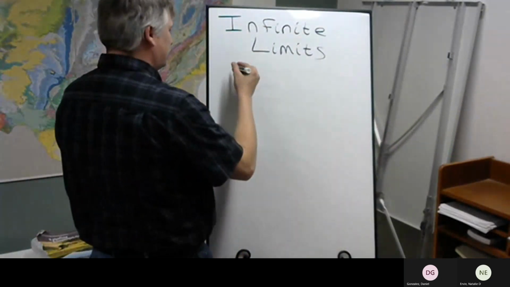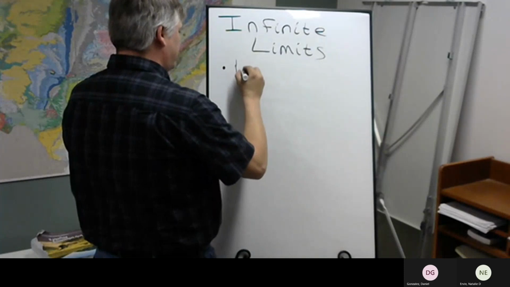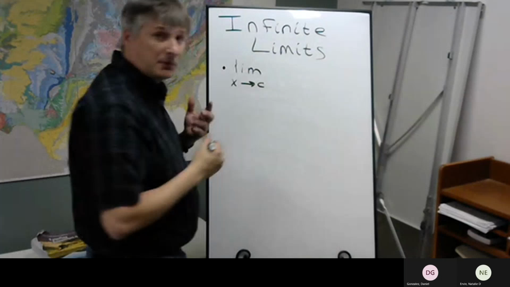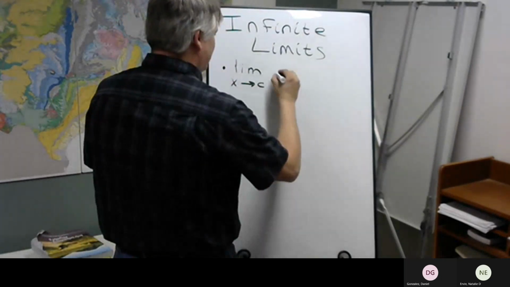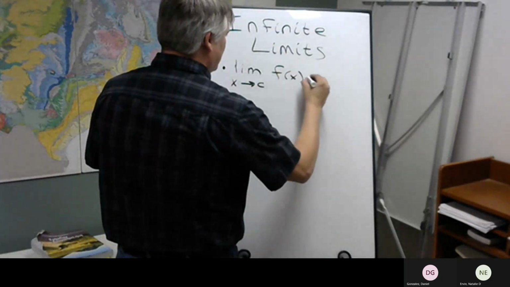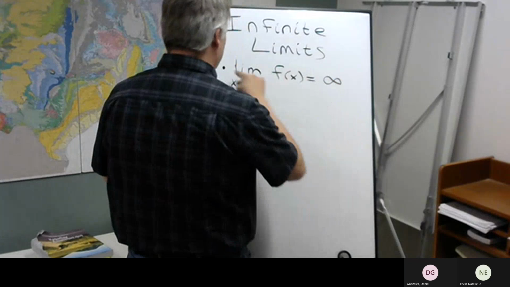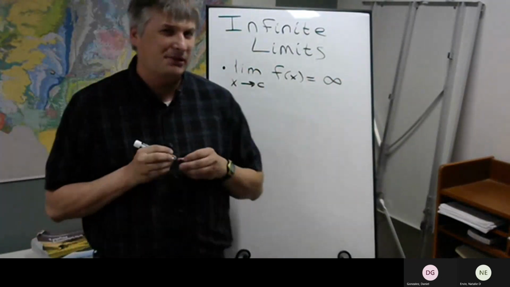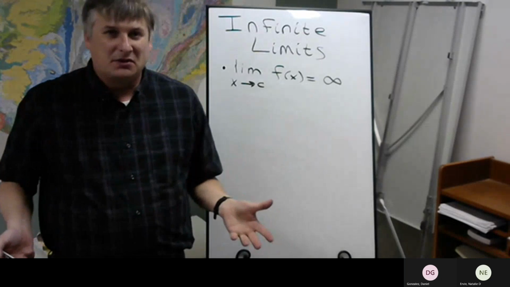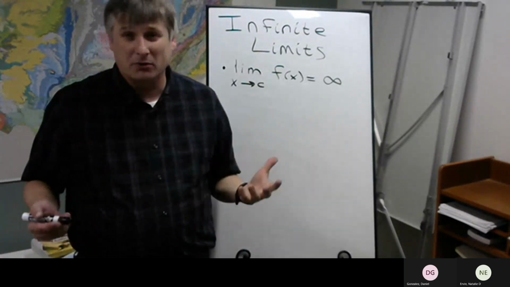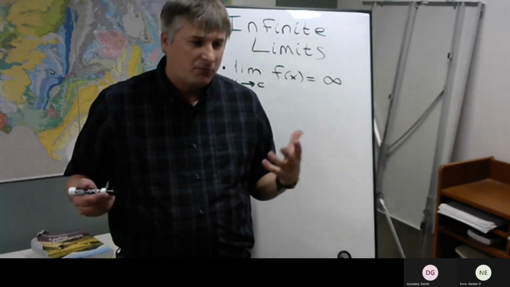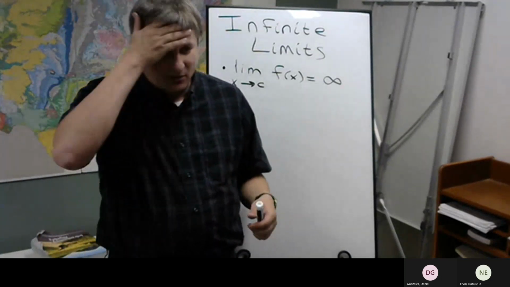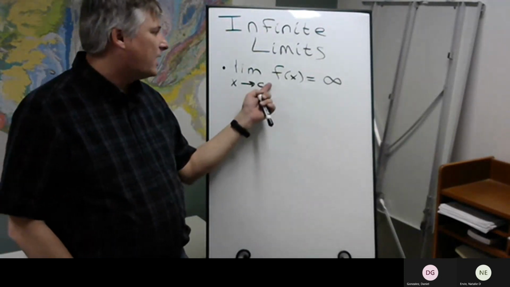But let's take a look at the definitions here. So first off, the limit as x approaches some number c of f of x equals infinity. So here, x isn't growing bigger and bigger. It's just getting close to some number c. Now, what kind of situation is this? Well, you could think of something like 1 over x. If you have 1 over x and you approach 0, say, from the right side, so in this case, you'd be approaching 0 plus.